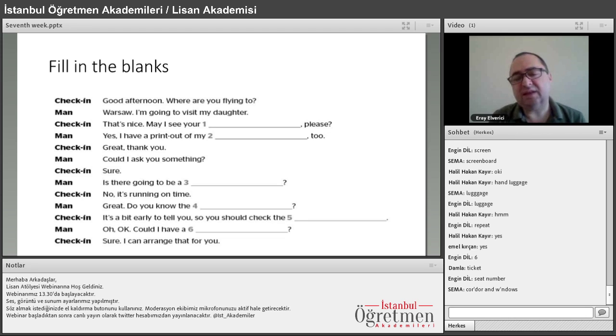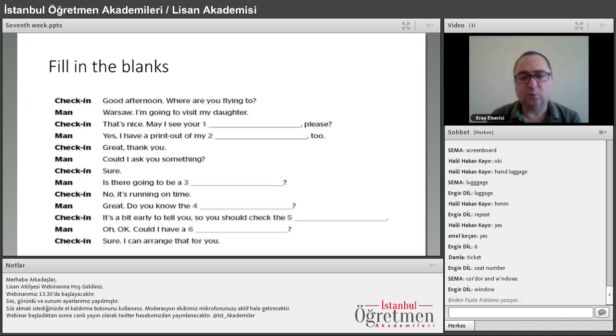Actually, they don't say corridor, they say aisle or window. And what do you prefer? Do you prefer the window side or the aisle side? Window. Yeah, we all like to have the window side. So what is it called as? Can I have a window seat?